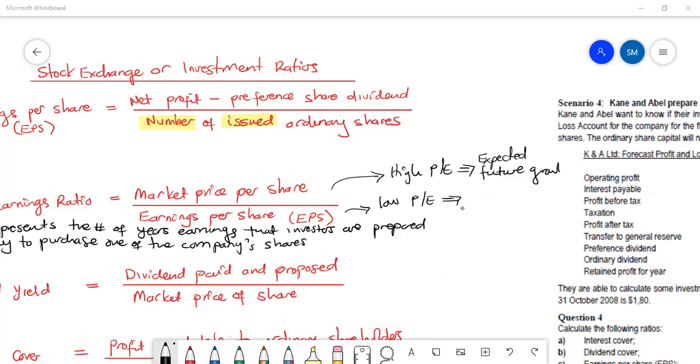It indicates expected poor performance in the future, meaning that, again, this is an undervalued share. The share is undervalued. This one means the share is overvalued.